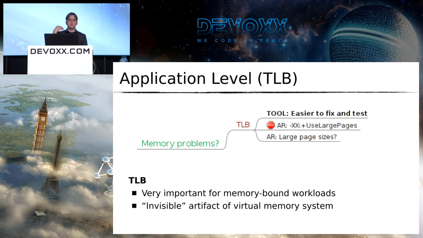So that should be fast enough because every single time you access the memory by virtual address, you have to convert that to the physical address, and that takes a lot of time for the operating system because it has all these page tables which actually have this mapping from the virtual addresses to the physical ones.